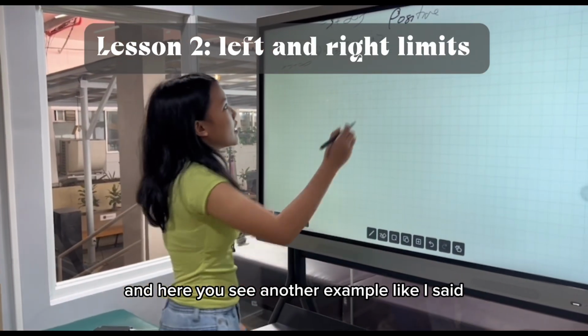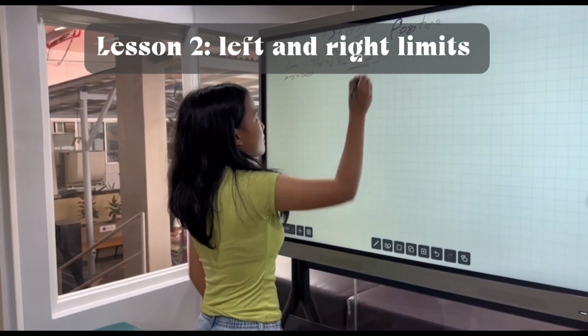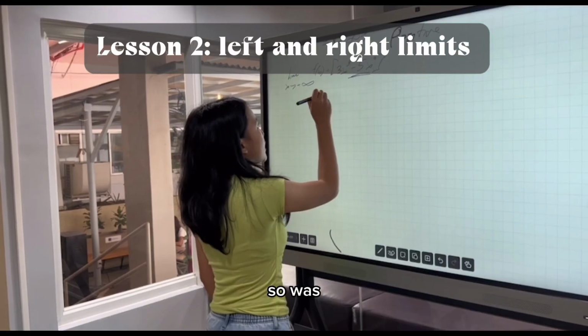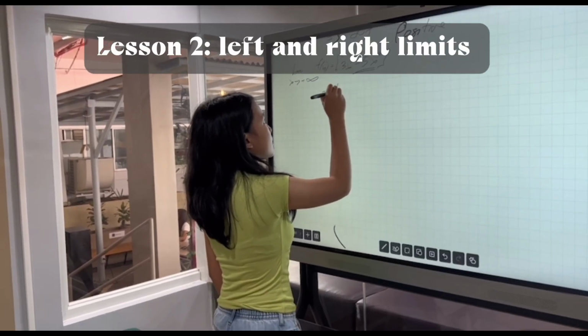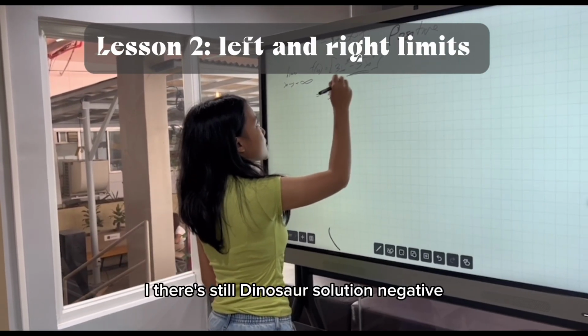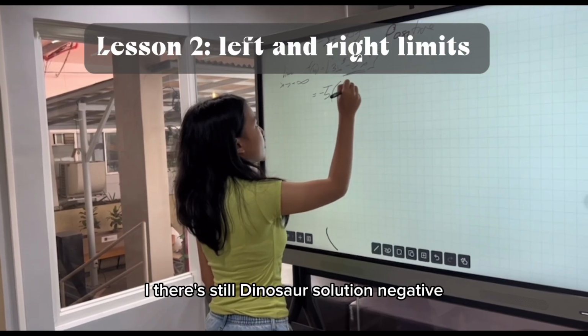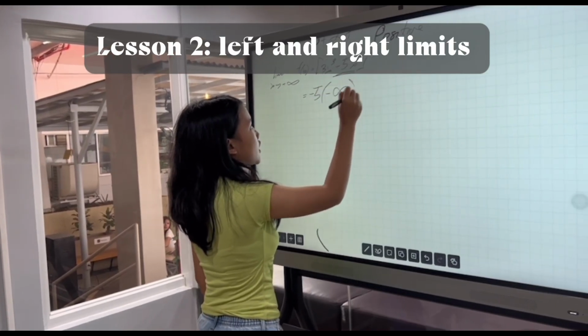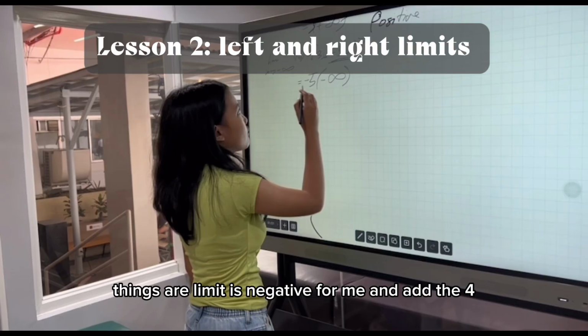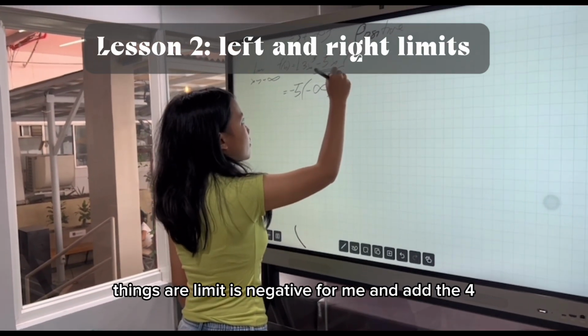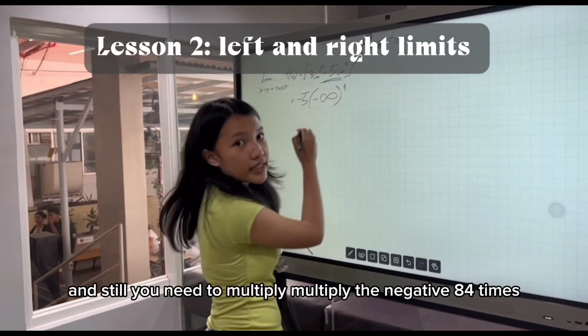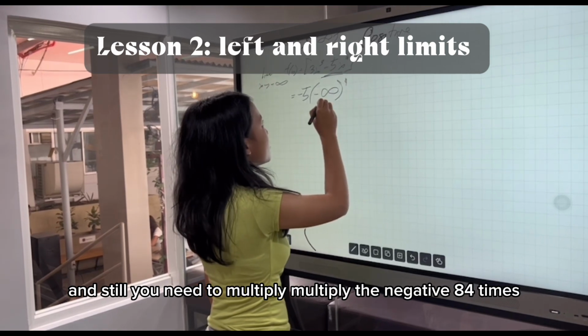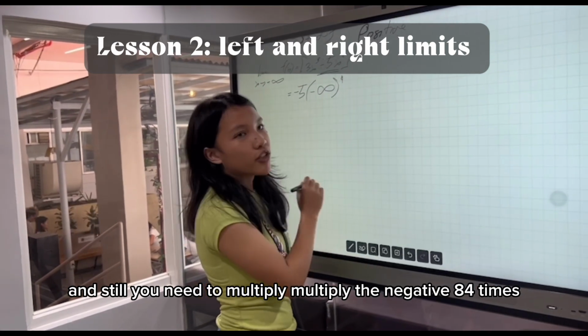Like I said, pick the biggest exponent. It's still direct substitution. Since our limit is negative 3 and the exponent is 4, you still need to multiply the negative 3 by itself 4 times.